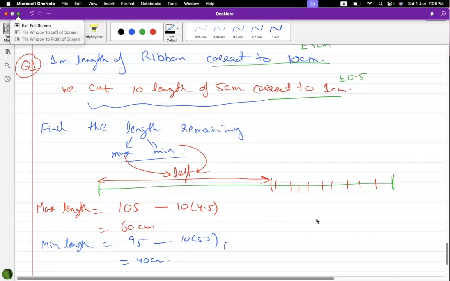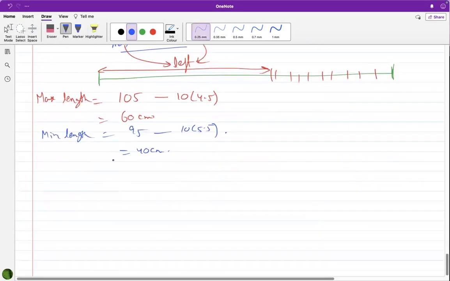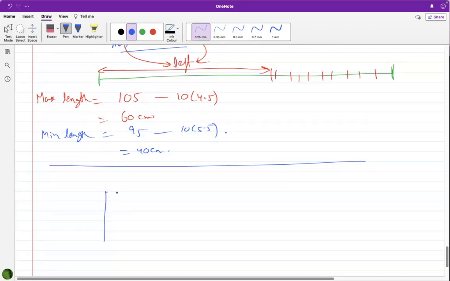One more question I can remember was regarding area. So this is the rectangle, and the length is given as 20 centimeters plus minus 0.5. In this case plus minus is already given, upper and lower are given.